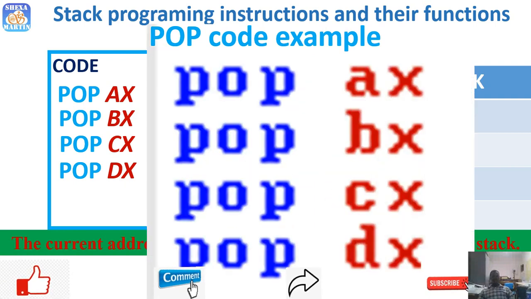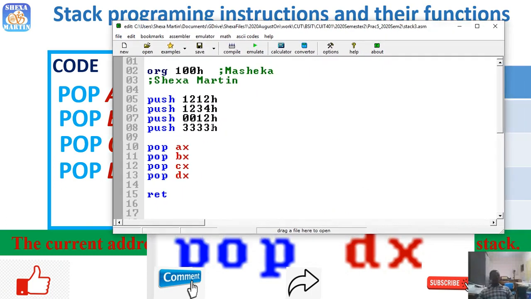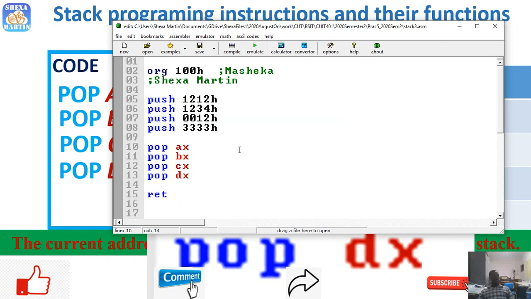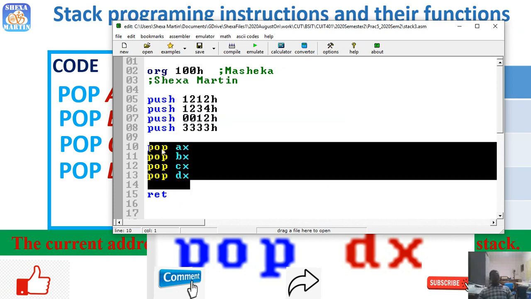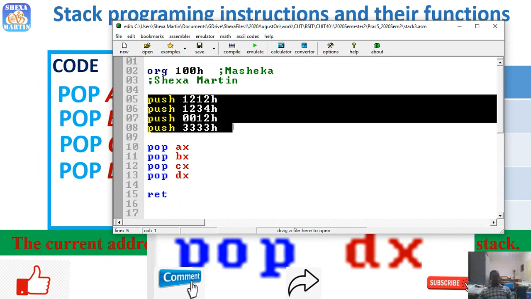Let's now look at the actual code. Right, it's just that previous code, but now we know the push instructions. Now we want to concentrate on pop instructions, but we cannot concentrate on pop instruction without giving values to the stack.